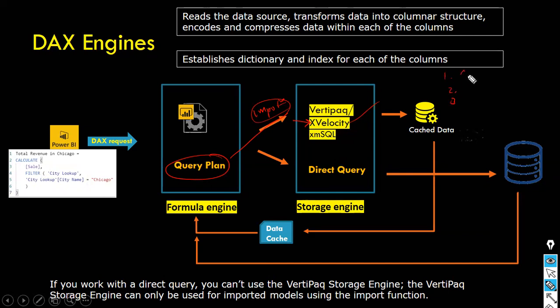One, it will convert your tabular data into columnar data, and then it will compress the columnar data, and then it will load the data in memory.